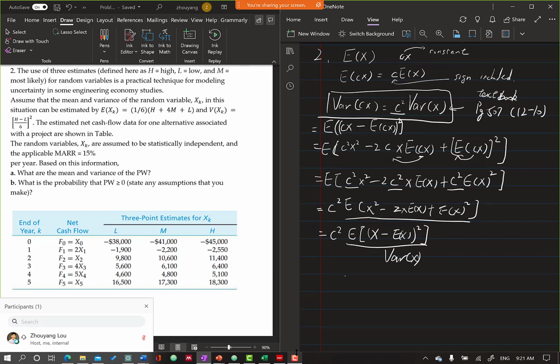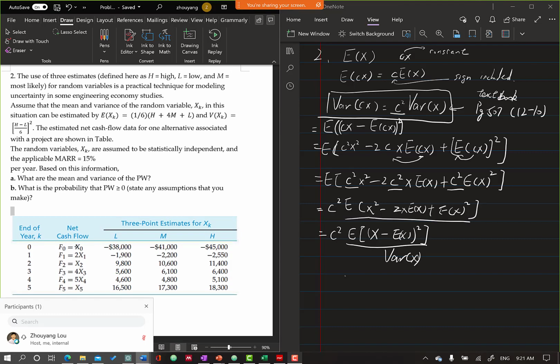So what will be the C, for example, in this problem? The C will correspond to the numbers before the x's in this table, and the other could be the factors, like when you transfer your time value of the cash flow, like P given A, P given F. Once you plug in these factors, they can all be considered as the C here.